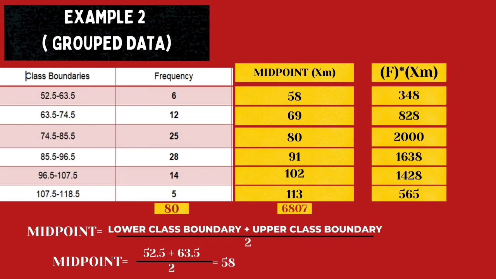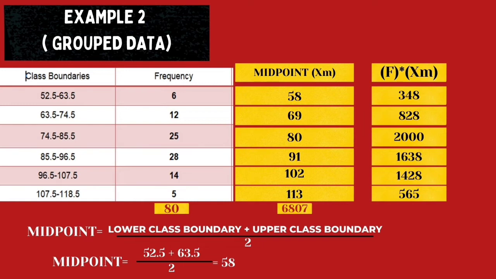To solve for the midpoint, we have the formula lower class boundary plus upper class boundary divided by 2. So we have 52.5 plus 63.5 divided by 2. We have the midpoint for the class boundaries 52.5 to 63.5, equal to 58, and then do the same for the remaining classes.